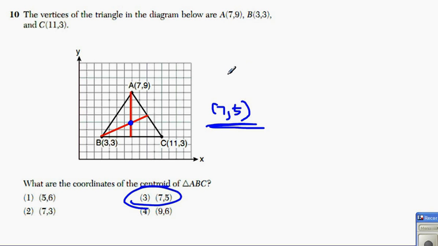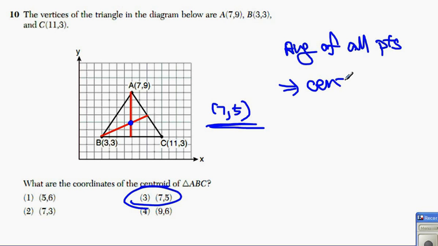Interestingly, in coordinate geometry, given that everything is square based, the average of all points can be the centroid.